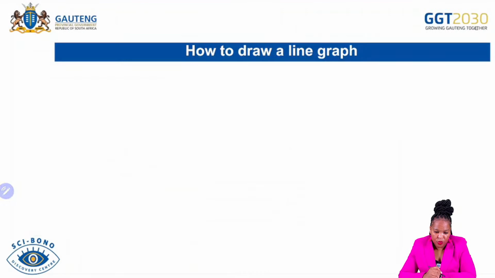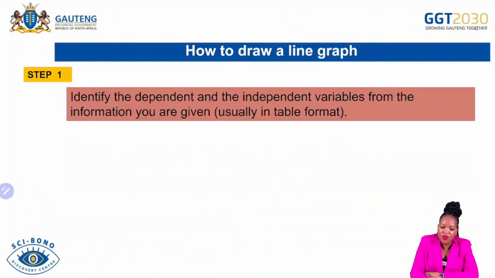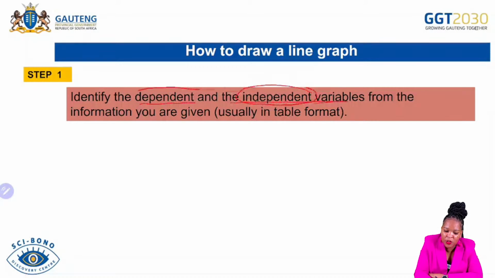Let's get into it. Right, there are certain steps that you need to follow. Step number 1. You need to identify the dependent and the independent variables here. So do you see the variables play a very important part in every investigation?